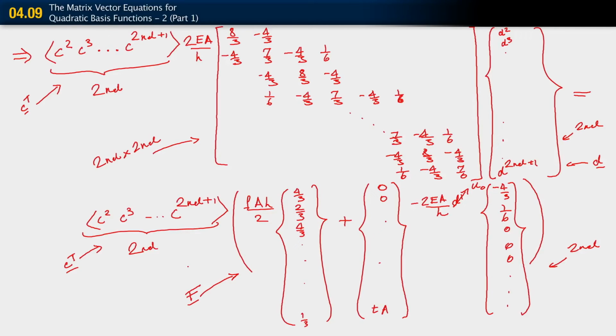Okay? Our matrix here, of course, is going to be our K matrix, right? Our stiffness matrix. Okay? All right. We have all of this. Let's write it out.